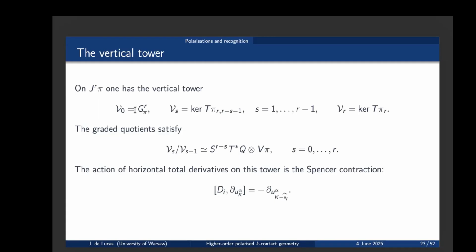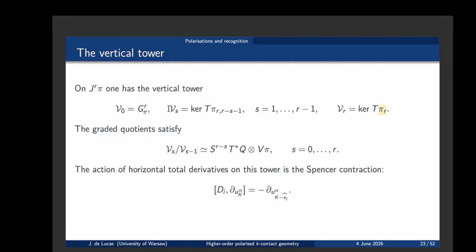On J^R, we have these distributions. G_0 is a distribution, the kernel, as I said, of T π^R_{R-1}, and then you have all those for s bigger than 1. This case is for s equal to 0, and you can obtain this for 1 to 1. And this distribution is the kernel of π^R, the projection of the R manifold onto the base.